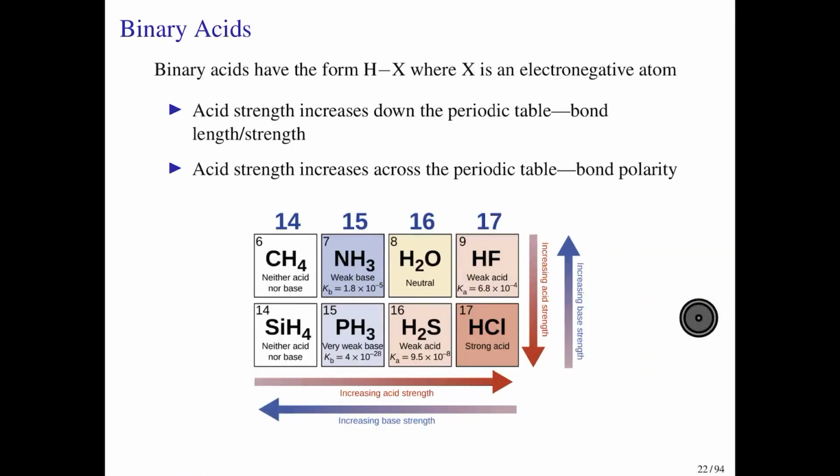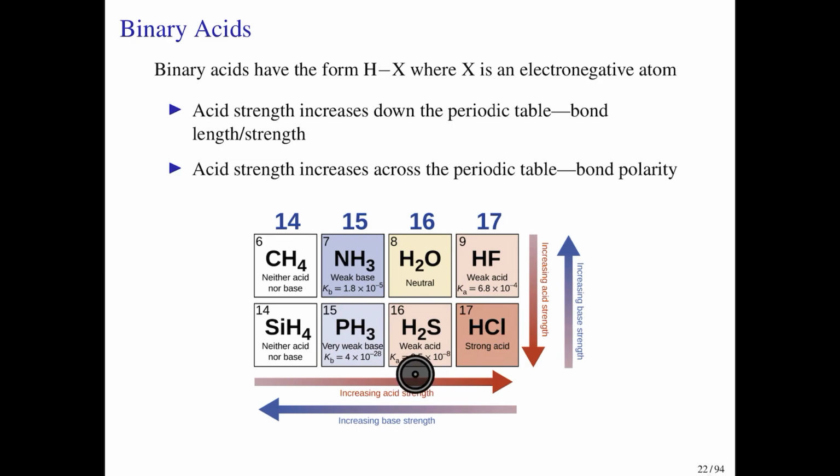We're going to look at two families of acids. The first family are so-called binary acids, where you have a proton directly bonded with an electronegative atom. And so different acids fall under this category. For example, hydrofluoric acid would be a binary acid. Hydrochloric acid, and water itself, would be in the category of a binary acid, even though it's neutral.